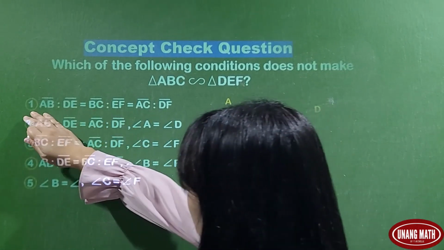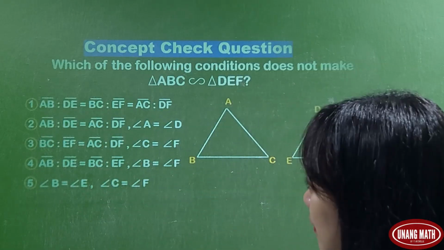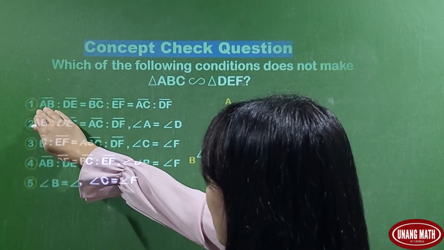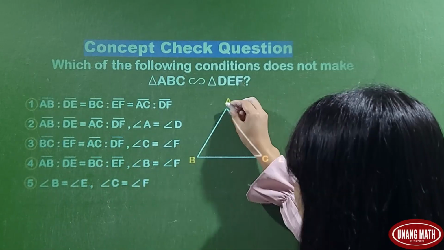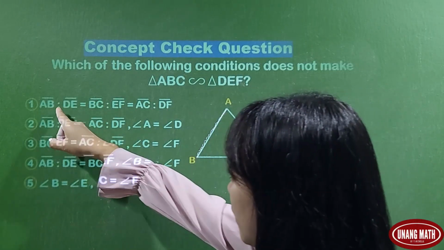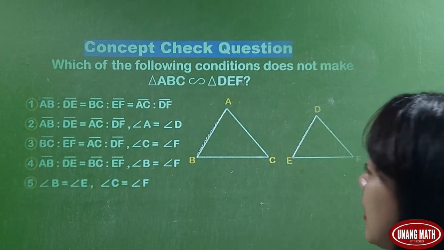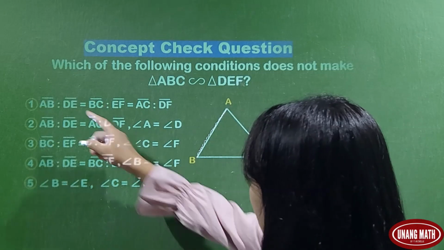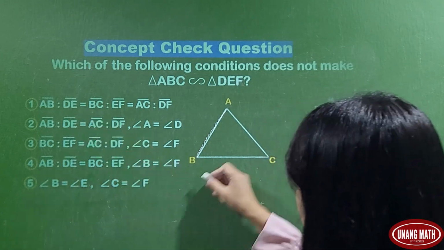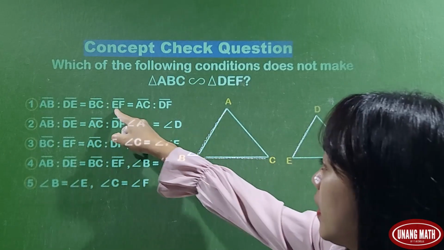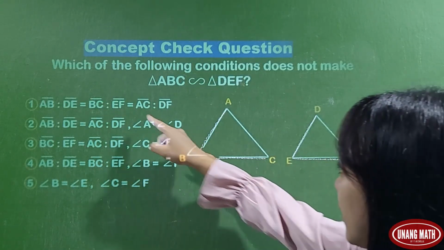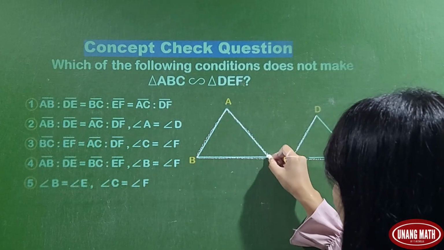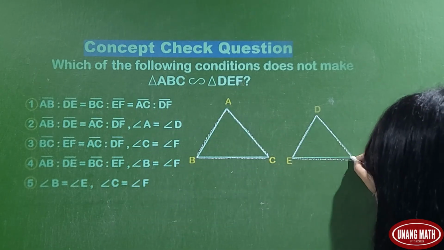Okay, the first condition is side AB is to side DE, equal to BC is to EF, and AC, or this side, is to DF.